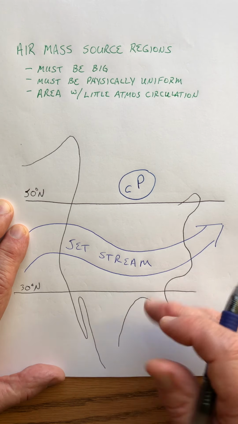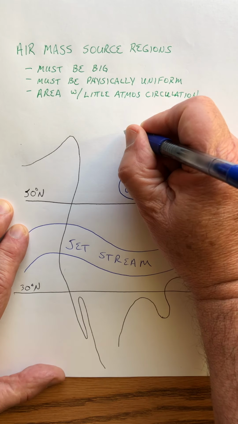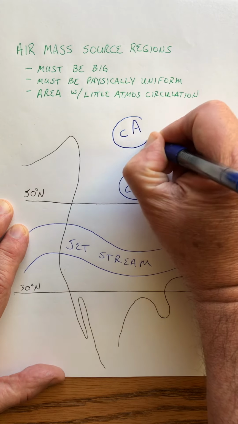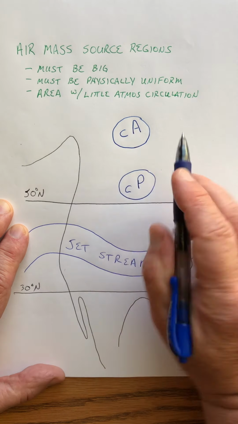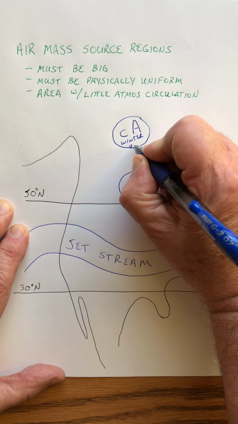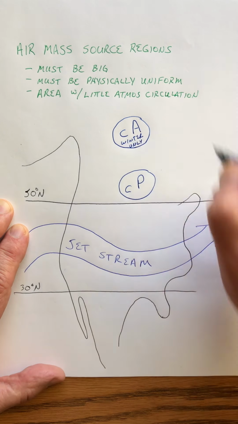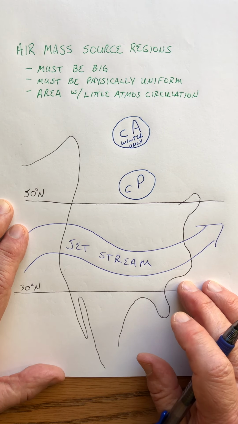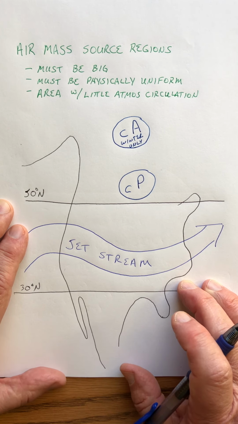And a second one is much further north. It'd be a continental Arctic air mass. This would be a wintertime only air mass. So winter only is continental Arctic. Continental polar is going to be year-round, but it's going to be specific to the time of year.